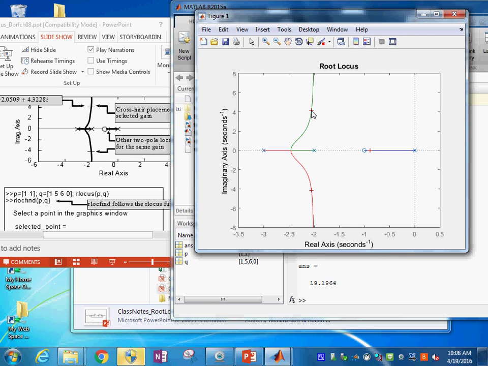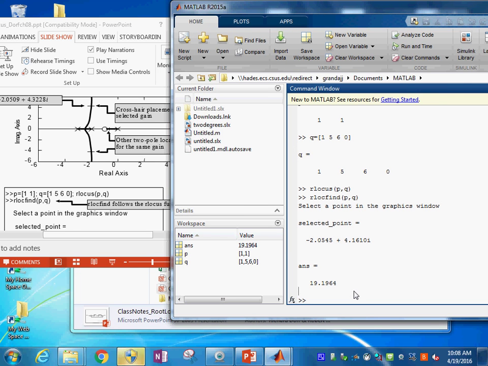Watch what MATLAB does. See here, it gives you, that's pretty close, you know. I got it. It says minus 0.05, I said 0.054, pretty close. And then, when you place the crosshair, it gives you the conjugate pairs of that value, and it also gives you the gain.